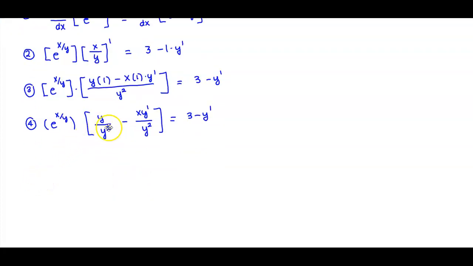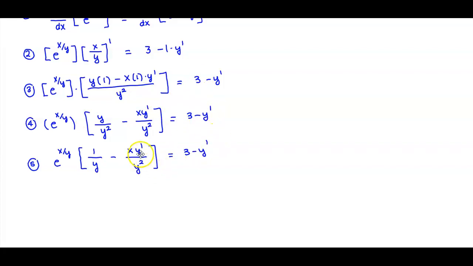Now we're going to simplify that y over y squared. So we have e to the x over y times 1 over y minus x y prime over y squared, and that's equal to 3 minus y prime.